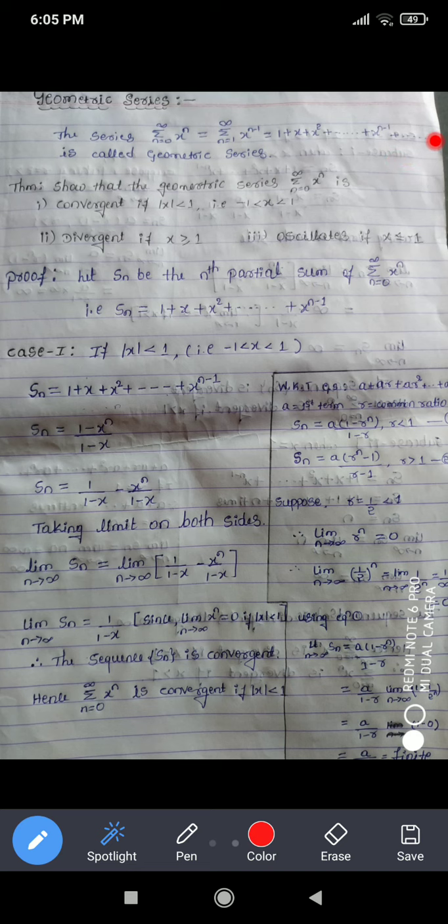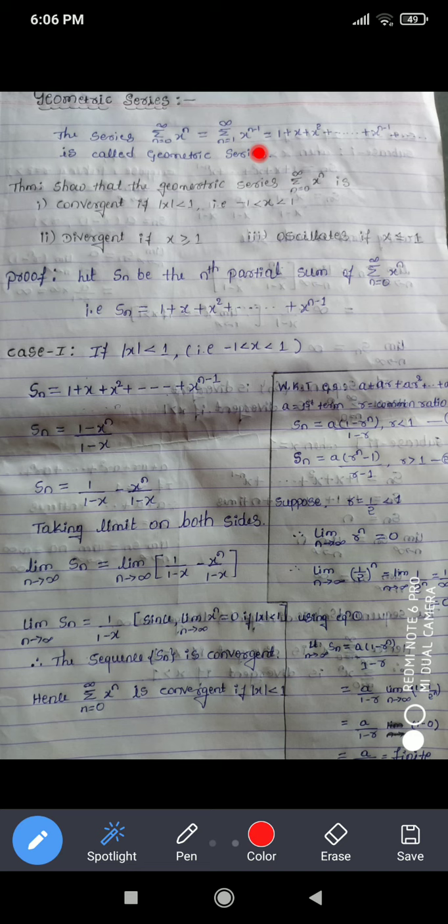Okay, so this is an infinite series. This series is called a geometric series. Okay, so we say when the geometric series is convergent, divergent or oscillatory.